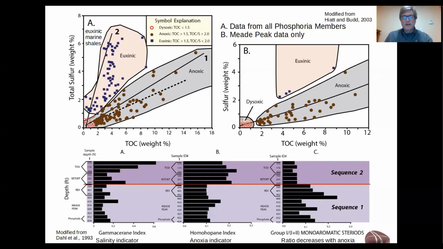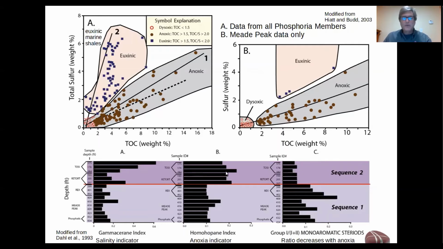This middle index, the homohopane index, is an anoxia indicator, suggesting that conditions were more anoxic during the upper sequence, a little less anoxic perhaps during the lower sequence. And then finally, this third index is a ratio that is interpreted to decrease with anoxia. So again, the upper sequence having a decreased index in this case suggests higher levels of anoxia.